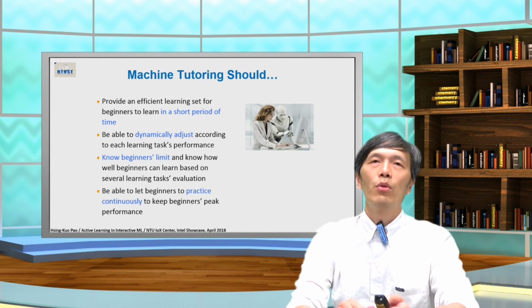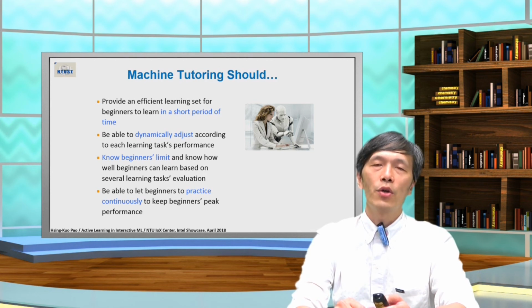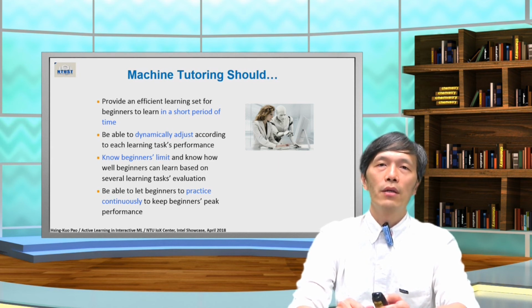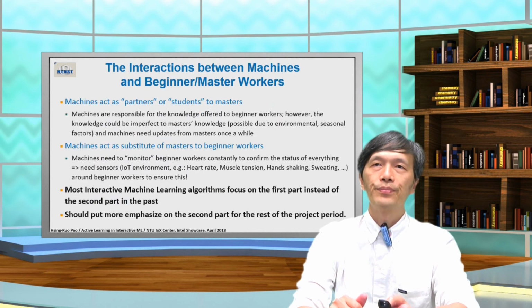The machine tutoring will provide a learning set for a novice to learn in a short period of time. The machine can also dynamically adjust according to different novice abilities or learning curves, and keep track of the beginner's performance at different moments.